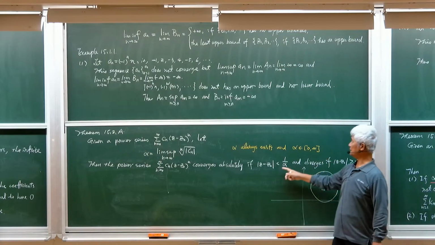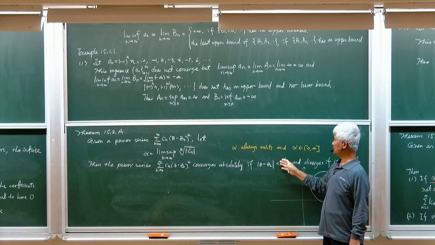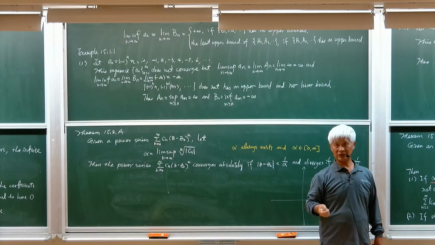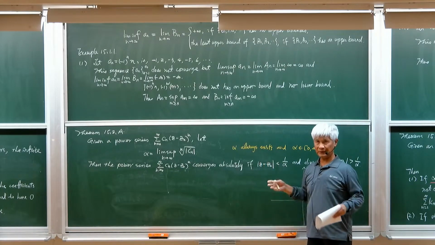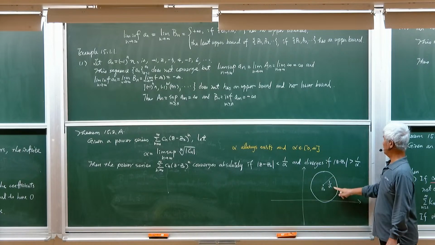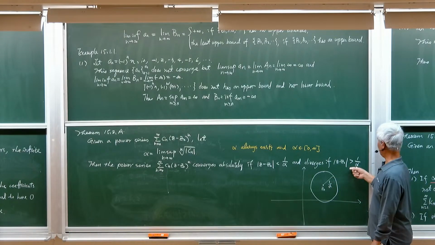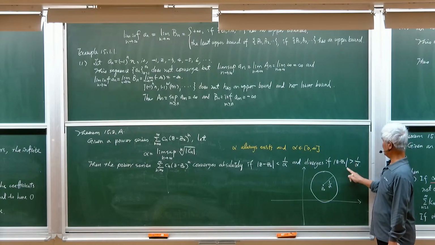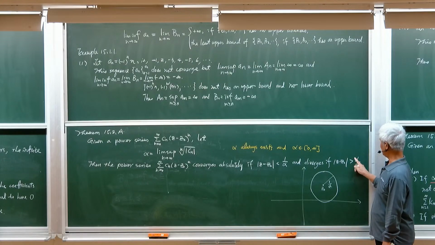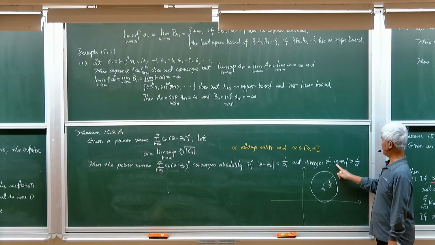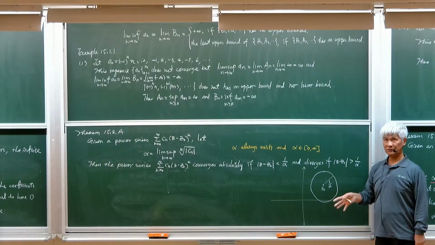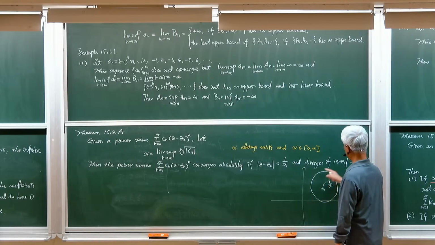So that means if alpha is 0, then this power series converges absolutely for every z, because the radius is infinite. And when alpha is infinite, then 1 over alpha is equal to 0. So for every z which is different from z0, the power series will diverge. Very strong statement.